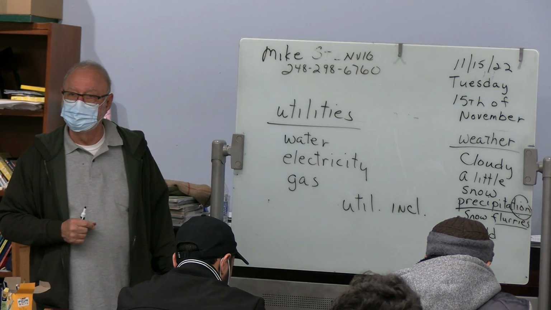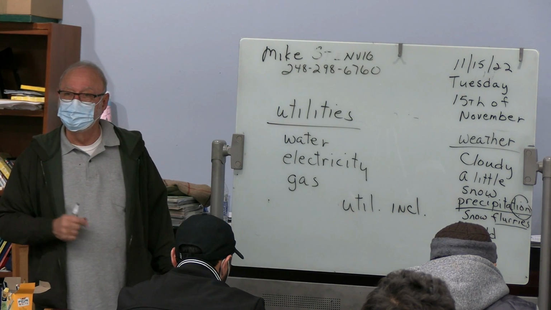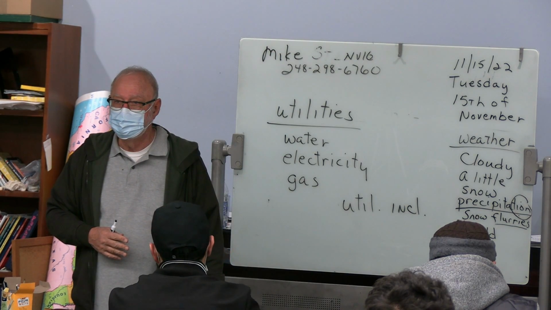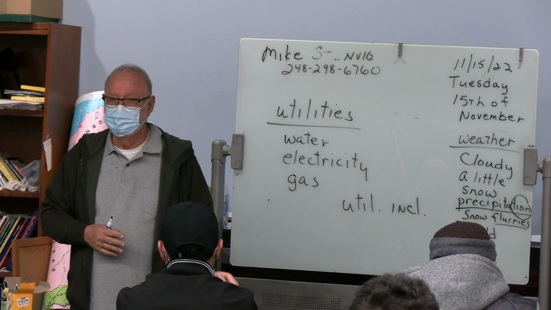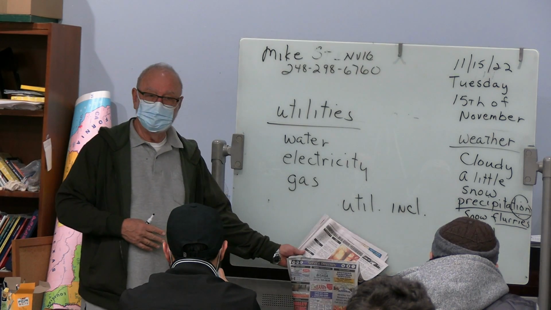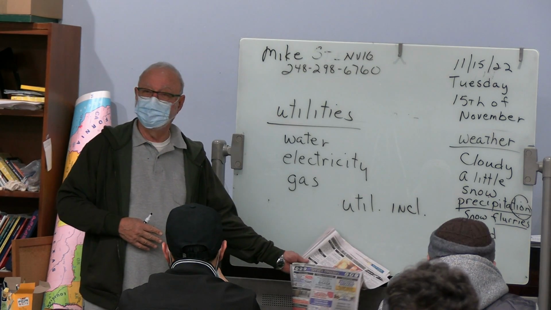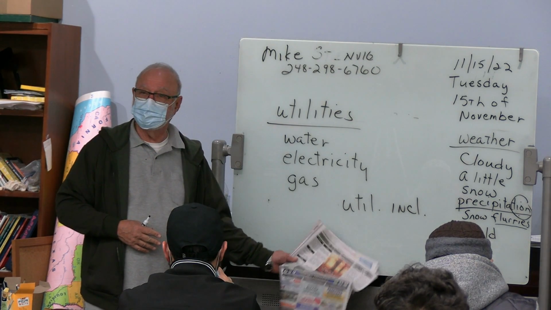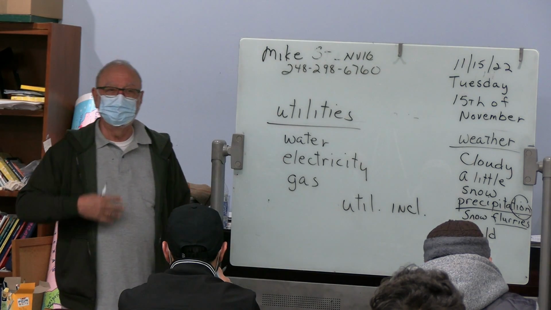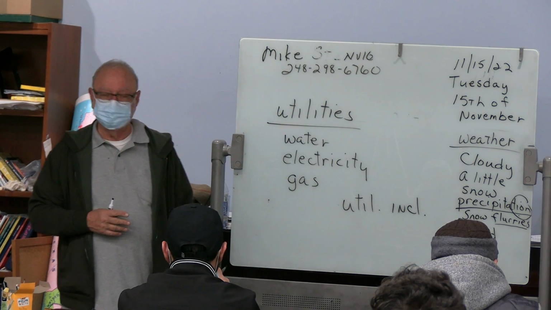Water, electricity, gas included. Included with anything. House and utility. Do you have to pay if it says utilities included? No. No, it means they pay, included.